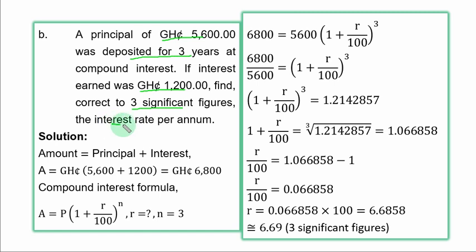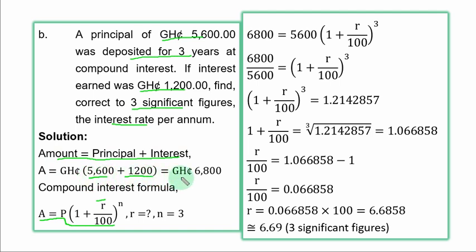So you are asked to find the rate. That means this is from the compound interest formula. Since the principal is known, you have to get the amount, because you are looking for the rate. Amount is equal to principal plus interest. That is 5,600 plus 1,200.